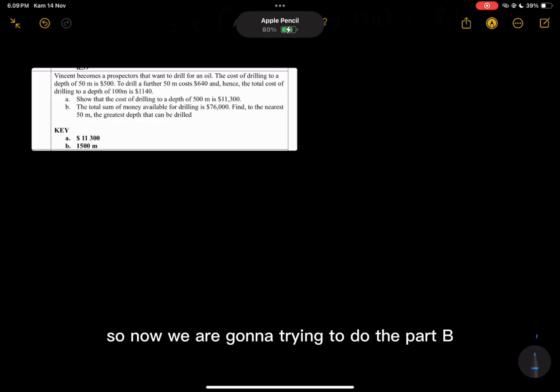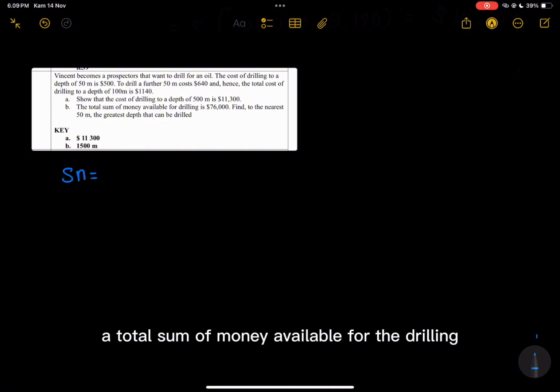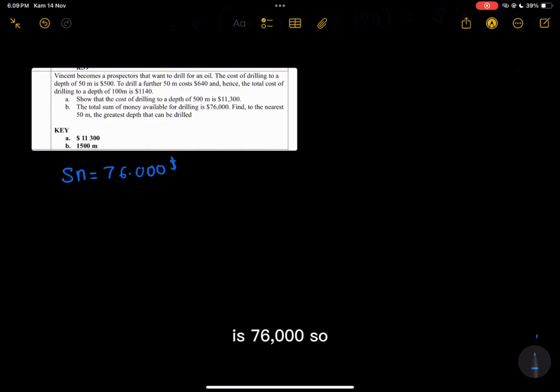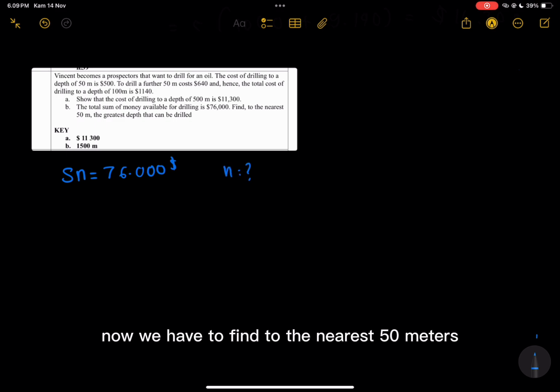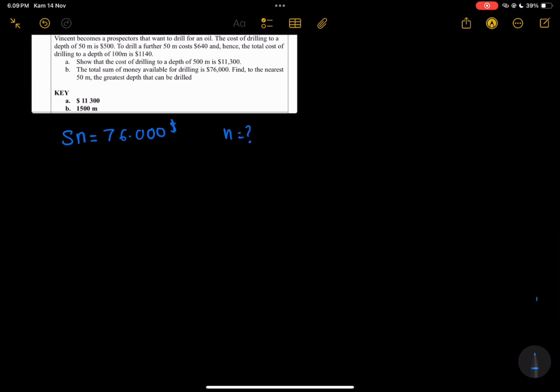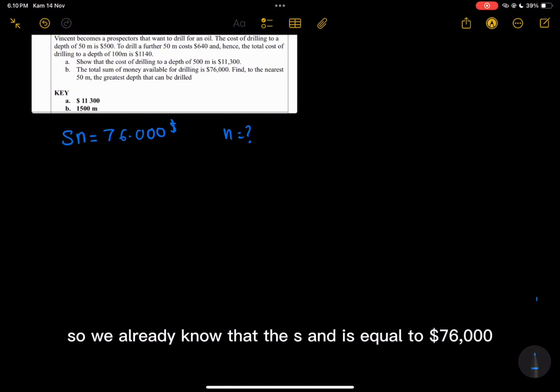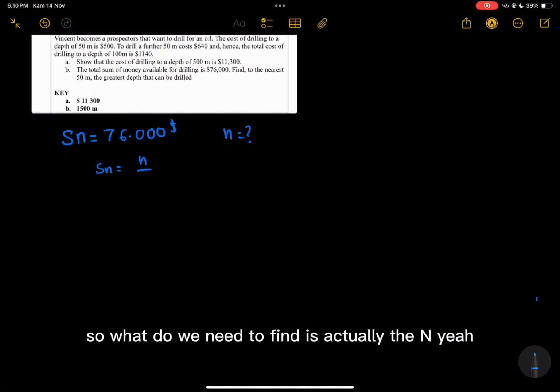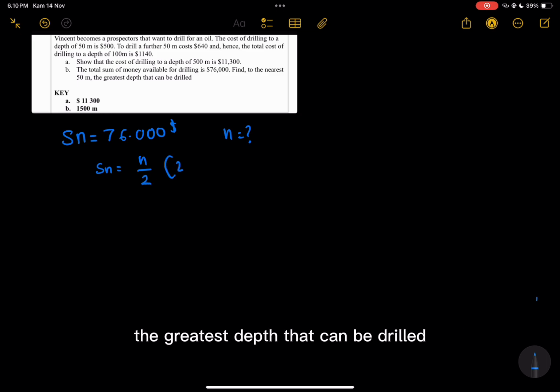So now we are gonna try to do part B, where the total sum of money available for the drilling is 76,000. So now we have to find, to the nearest 50 meters, the greatest depth that can be drilled. Alright guys, so we already know that Sn is equal to $76,000. So what we need to find is the nth, the greatest depth that can be drilled.